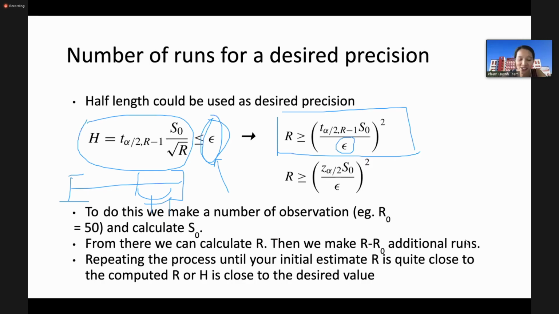The smallest number of replication we need to run to have our half width smaller than the error that we want. Okay, but what is the problem here?